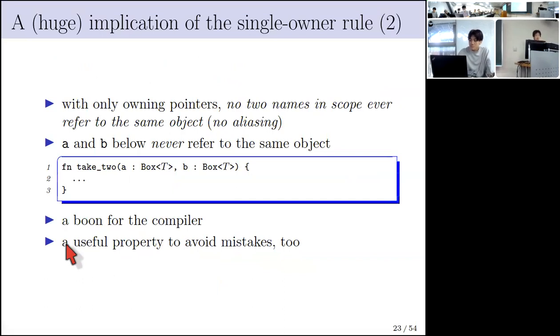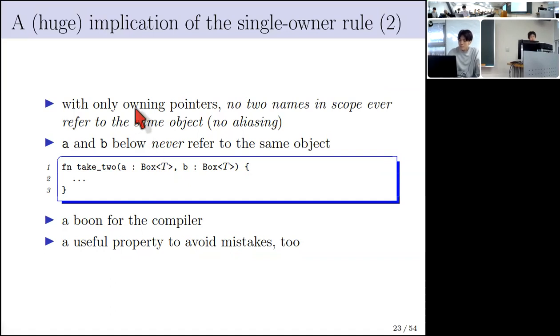And another implication is that with only owning pointers, no two names in the same scope ever refer to the same object. So in shortest terms, we can call this no aliasing.